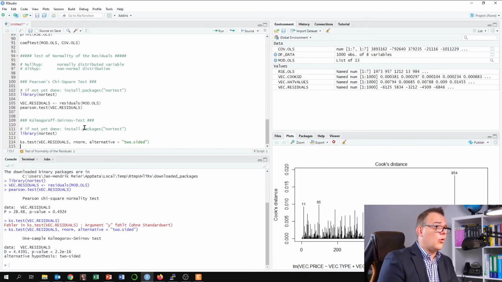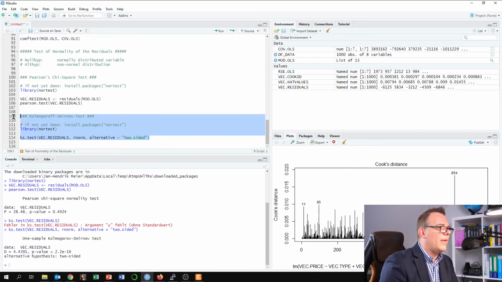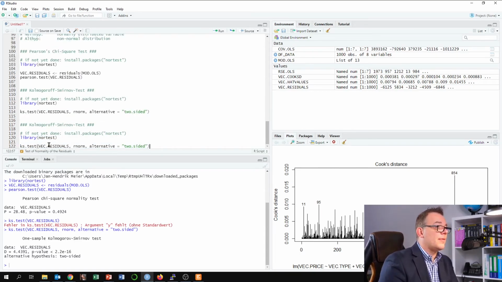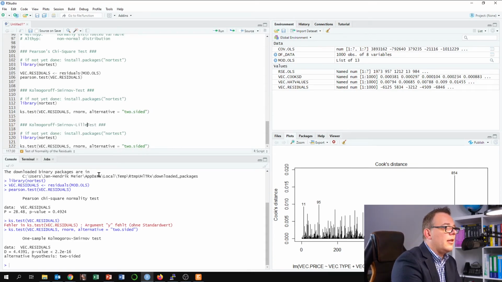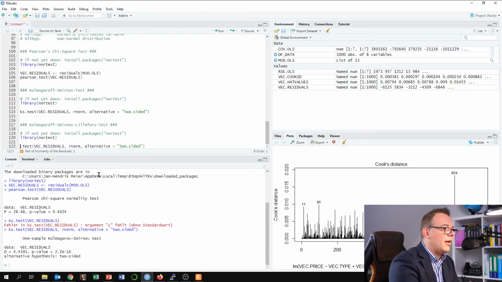But there's a better alternative for that, and that is, I simply copy all that. The better alternative, and now it becomes more important for you, is the Kolmogorov-Smirnov-Lilliefors test. Of course, that is also in the NOR test package. I have to run that package, and then the command is Lilly.